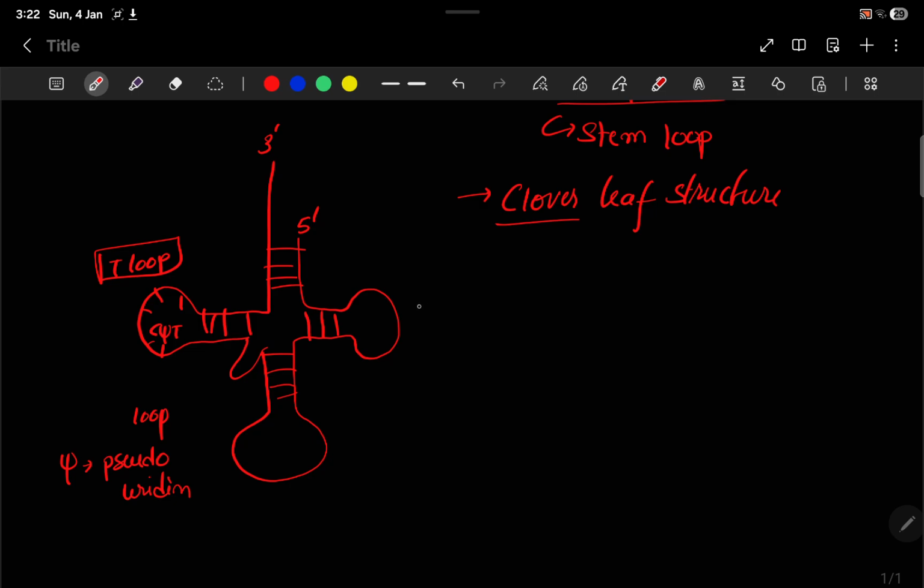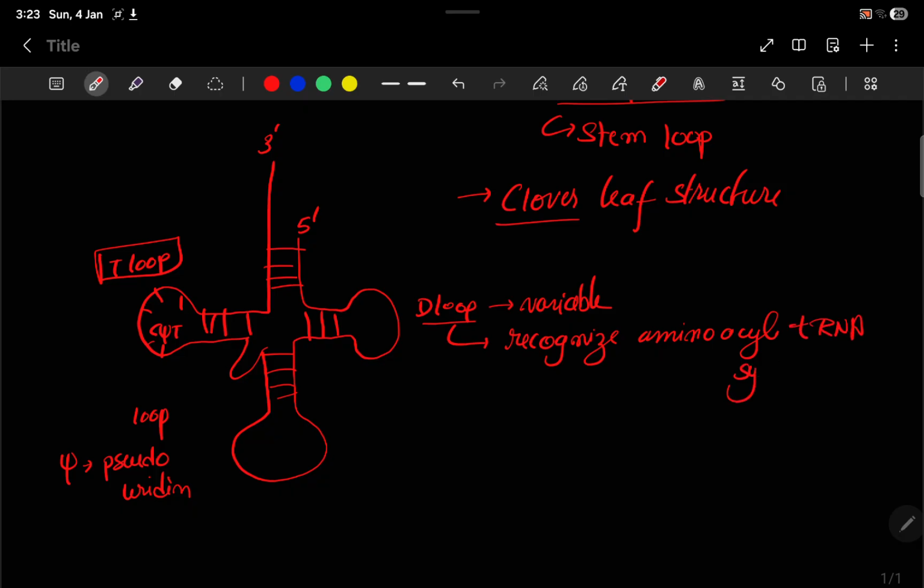Another arm we can talk about is the D loop. The D loop is very variable, because what it does is recognize aminoacyl tRNA synthetase. As we know, aminoacyl tRNA synthetase is specific to an amino acid, so every amino acid has a different aminoacyl tRNA synthetase, and that is why we need a very variable D loop.